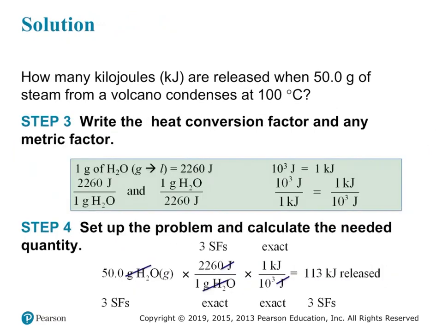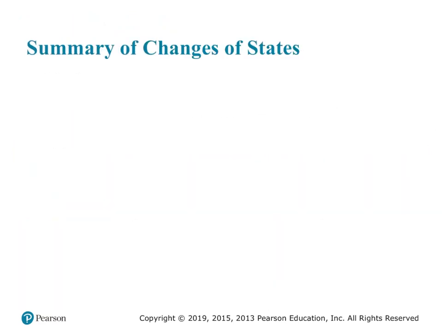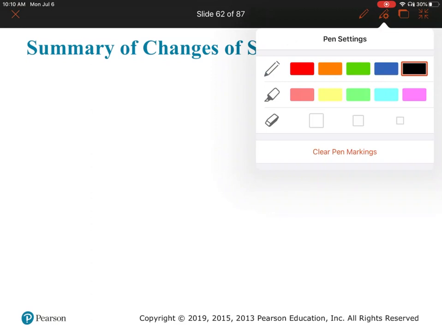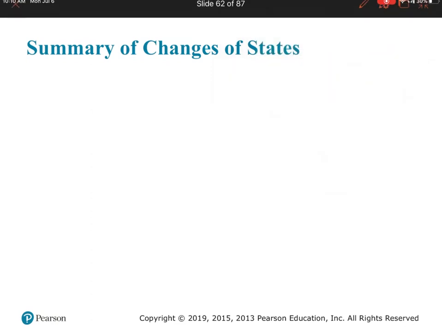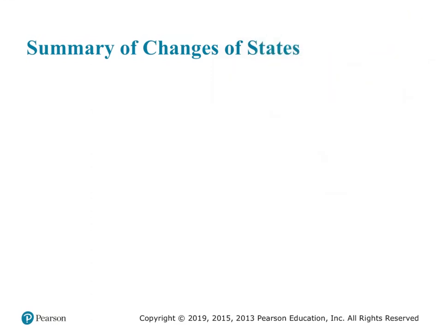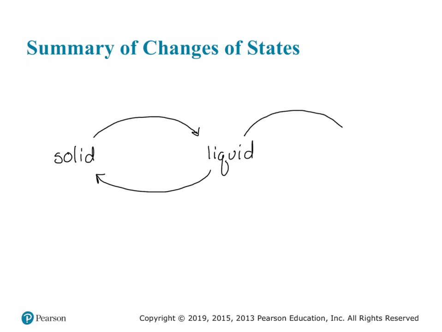And here are the solution slides. So let's summarize everything we learned. So we saw that a solid can turn into a liquid, and a liquid can also turn into a solid. We also saw that a liquid can turn into a gas, and a gas can turn back into a liquid.